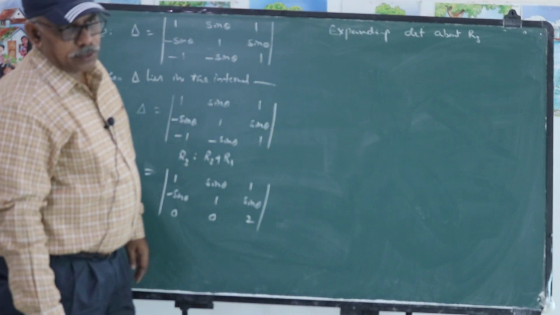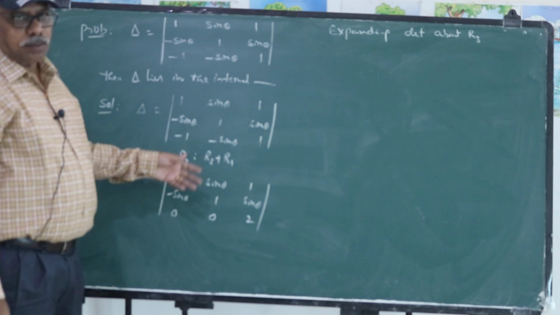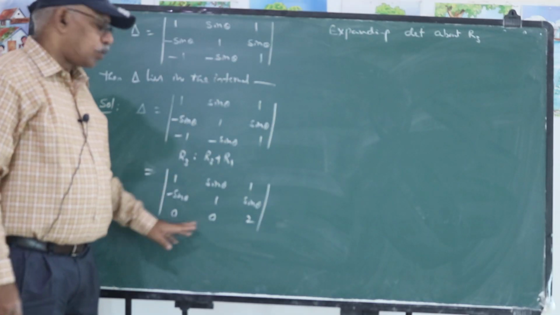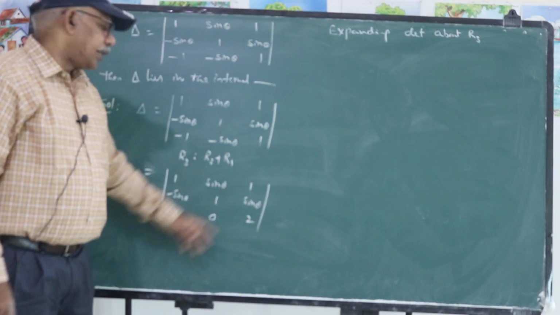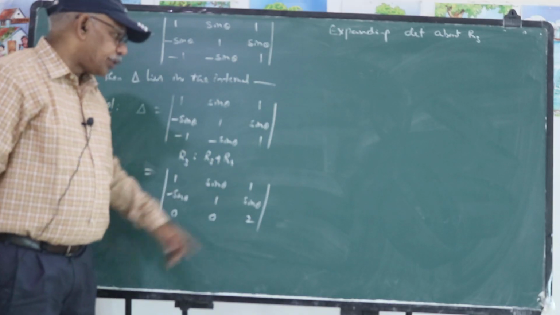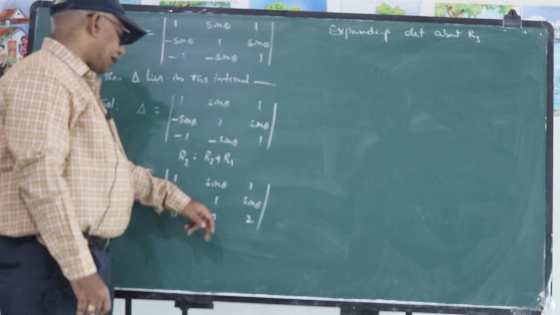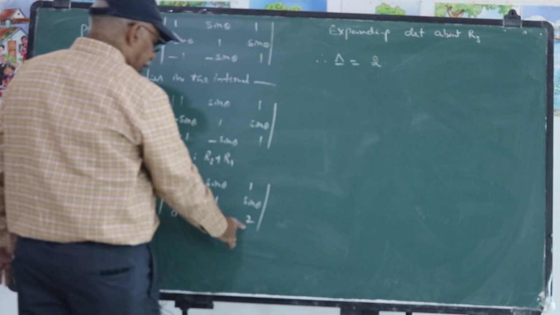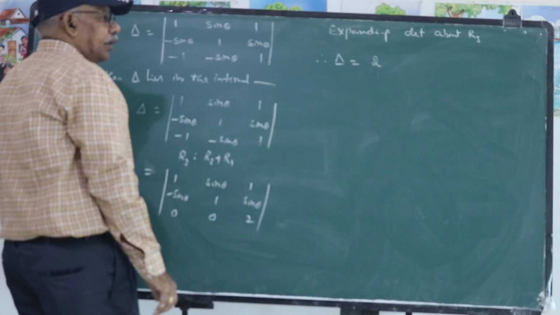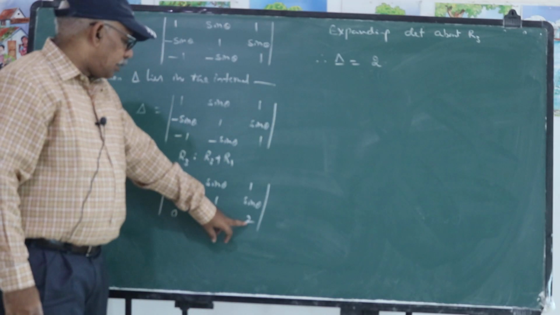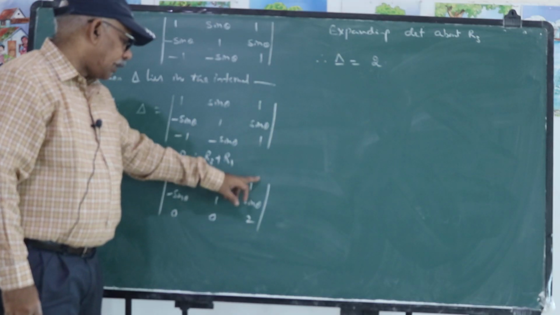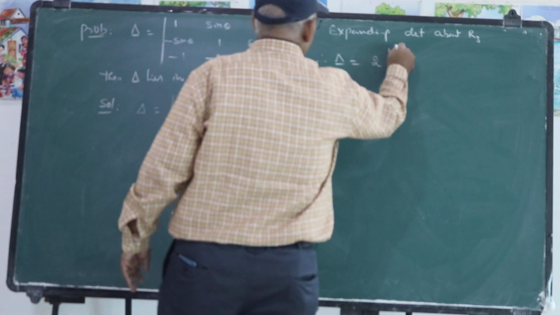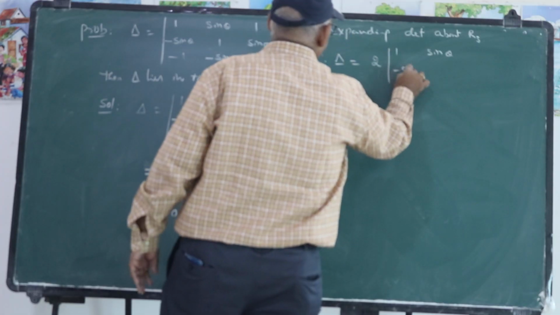You can evaluate the determinant by expanding about any column or any row. Because the maximum number of elements in the third row are zeros, I am expanding the determinant about the third row. Once you expand, we get delta equal to 2 into, because these two elements have zero influence on the determinant value, eliminating this row and column, the remaining 2 by 2 determinant, that is 1, sin theta; minus sin theta, 1.